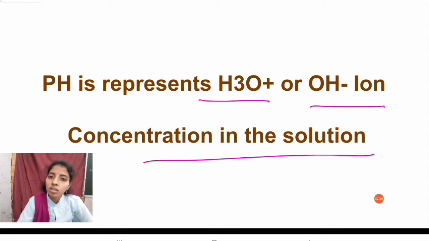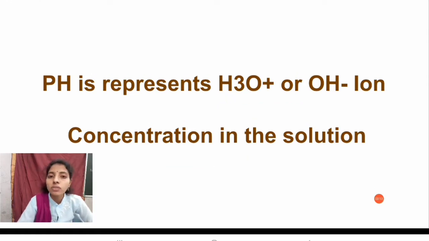And when we take a basic solution, there the OH minus ion concentration increases and the H3O plus ion concentration decreases. So, pH represents H3O plus or OH minus ion concentration in the solution, right. So, pH is nothing but power of hydrogen.